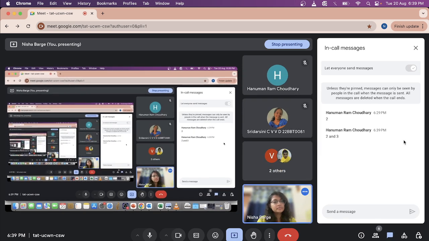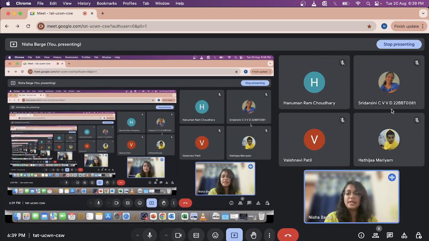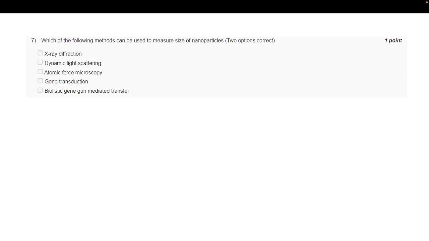Someone has given the same answer in chats. Okay, both of you have answered the same thing. Anybody else wants to try? Thank you for answering, both of you. Okay, no more response. I think both of you are correct.